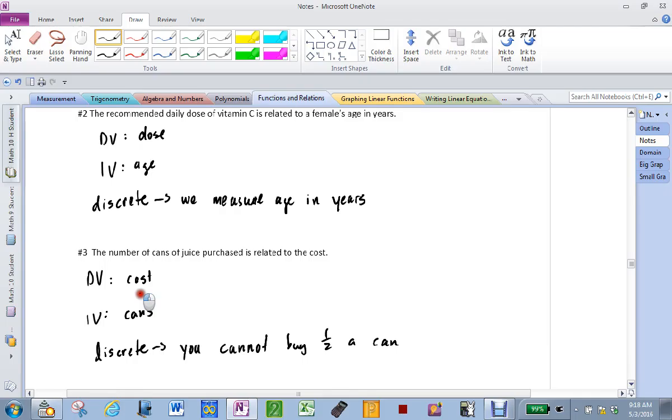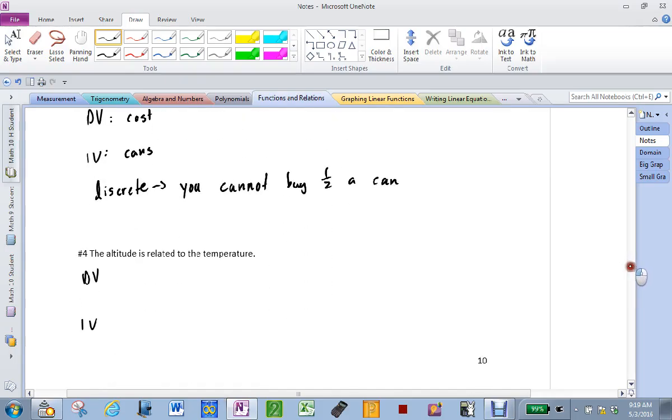If I buy 6 cans of soup, would that be on this graph? No, because this graph is juice and cost. I have no cost until I buy juice. I can walk around, fill up a whole shopping cart, leave it, and walk out. That's a little fun prank. Don't do that. It's lame.